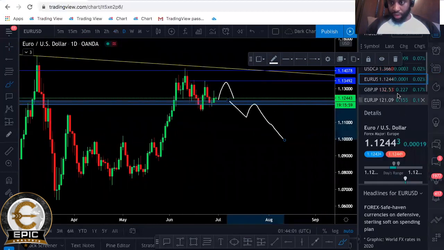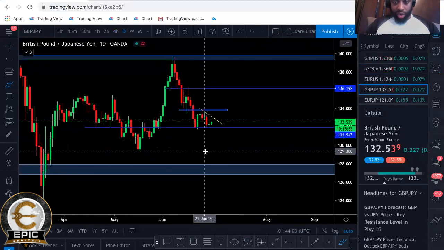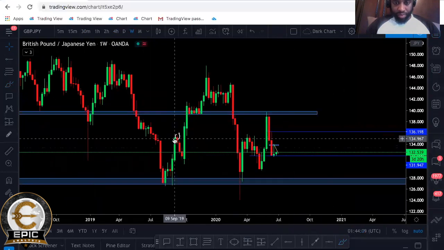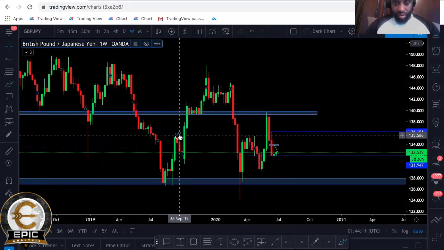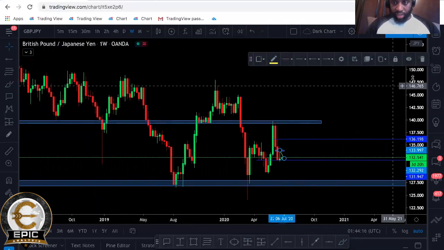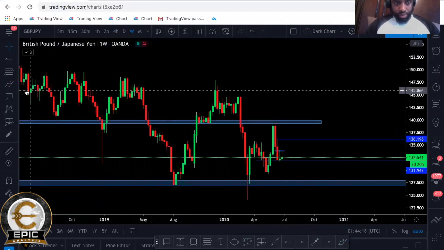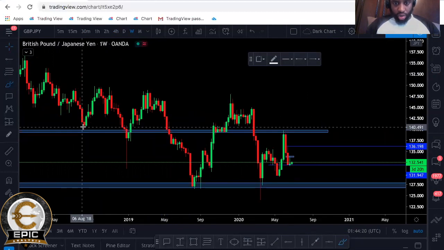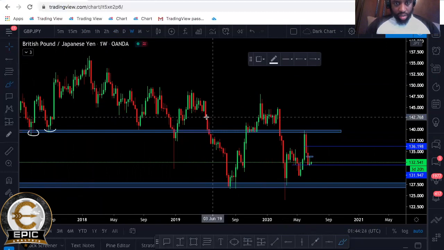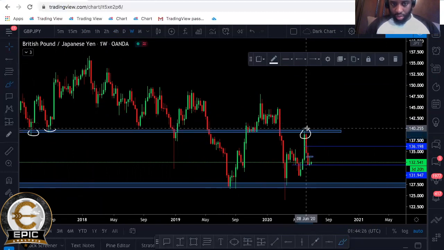That's EU. GBP JPY. GJ was pretty similar to GU. We had a strong move down from previous support, this structure point, right?